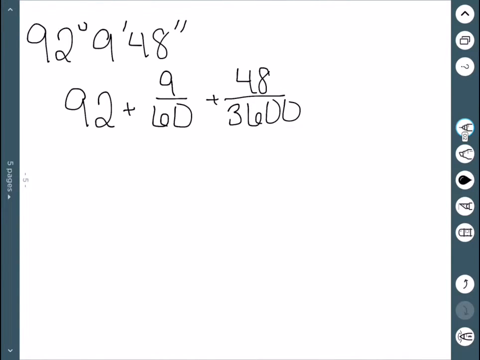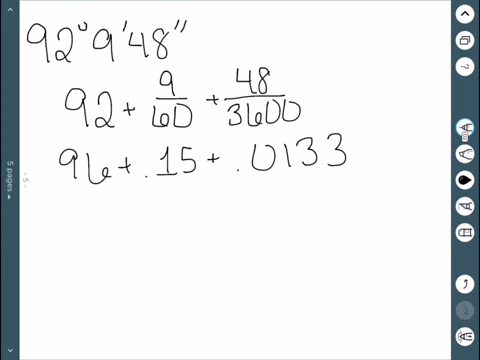If we try to work this out, we would have 92. 9 over 60 is 0.15. And then for the last part, 48 divided by 3600 is 0.0133. So when I add them up, we would get a total of 92.1633 degrees.